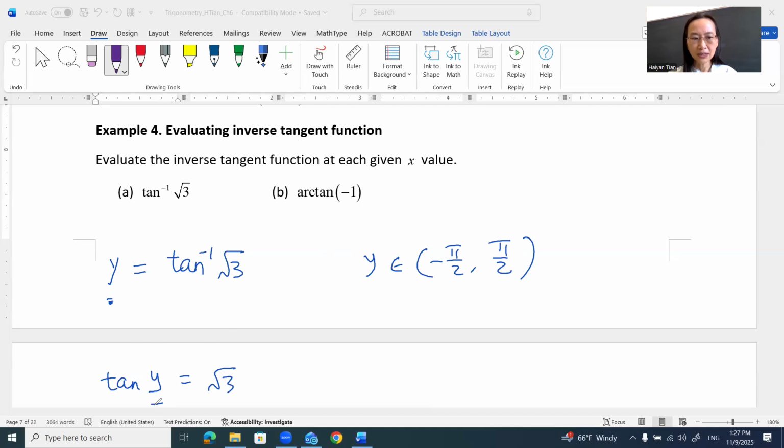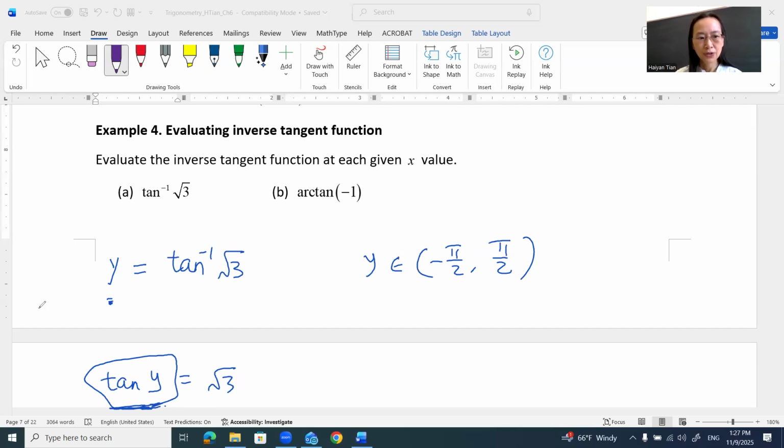Or you can look at this part, tangent y. This only works when the domain of the tangent is that interval, which is also the range of the inverse tangent. So can we figure out this y whose tangent is square root of 3?